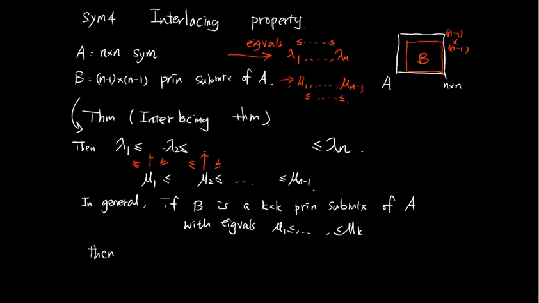Then, in this case, we are able to say that mu i is greater than or equal to lambda i and less than or equal to lambda of m minus k plus i. And I will explain how to remember these indices. But that's all the statement. So let's try to understand this part.